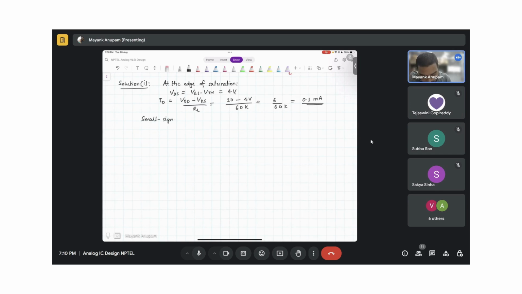So small signal parameters of a MOSFET: one is transconductance, denoted by GM, or you can say it is Y21. What else?